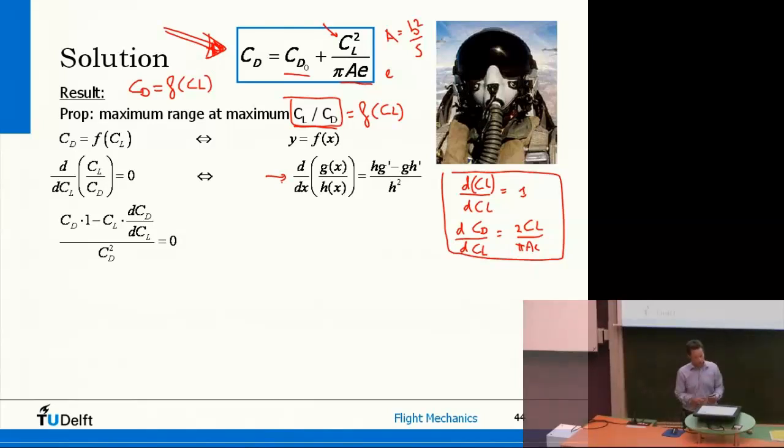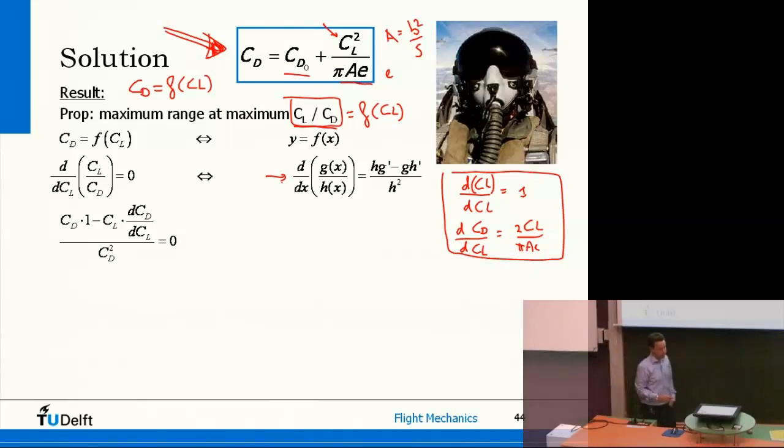Now, one thing you can note is that drag coefficient, we always have some drag coefficient. This is never equal to 0. So if we take the top equation of the derivative, then that has to be equal to 0.